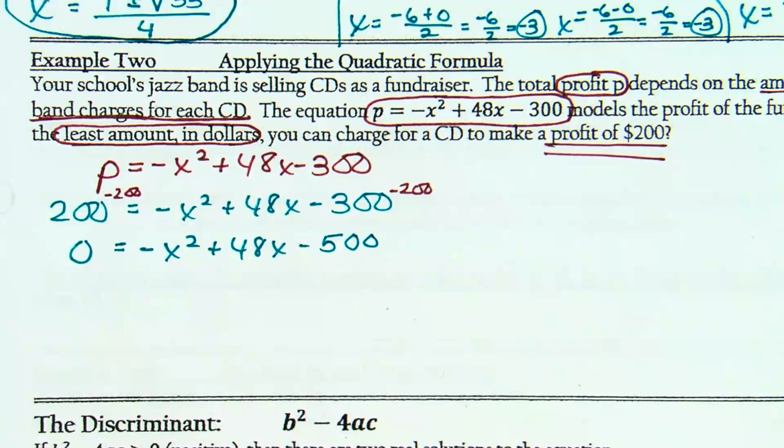You could try and factor if you want. You can try, but I'll just tell you up front, it's not happening. You can't get a product of 500 and a sum of 48. You can try, but it's a moot point.